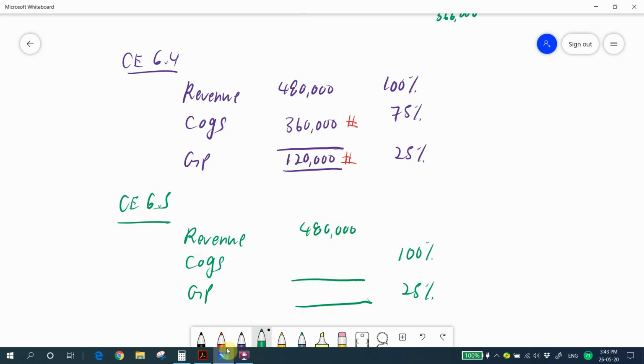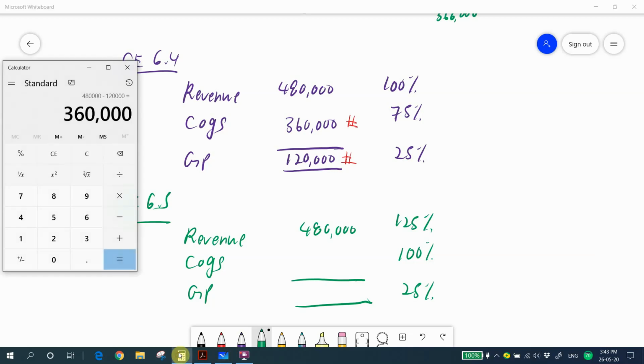So we get the percentage first. What is the percentage of revenue, given that revenue minus the cost of goods sold percentage gives 25%? The answer is 125%. You use 125% minus 100%, you get 25%. When you have this information, I think it is easier for you to calculate the difference. So we start from the revenue.